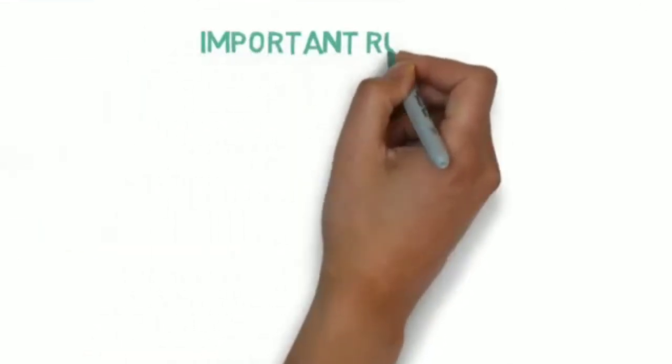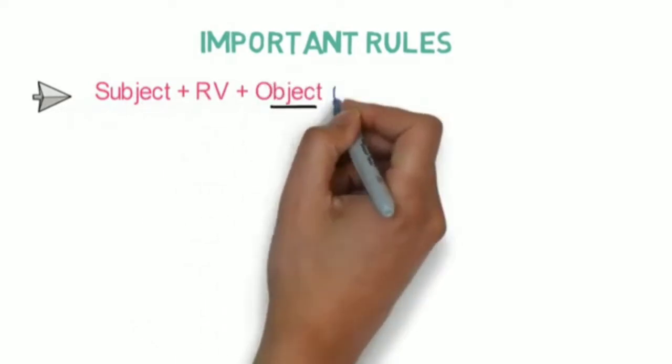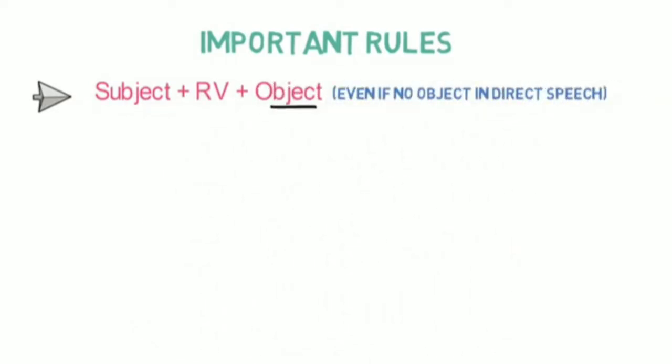Now, there are some important rules related to conversion for imperative sentence. Number 1. The object will come in indirect speech after reporting verb, even though in a direct speech there is no object. So, we have to try to add it in indirect speech as per the meaning or sense of the sentence if no object is provided. Number 2.